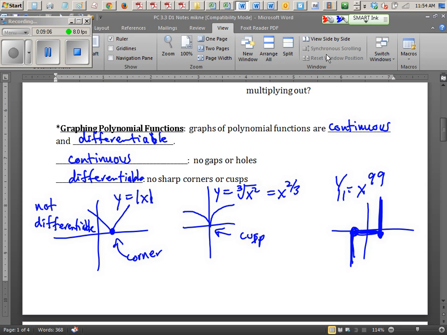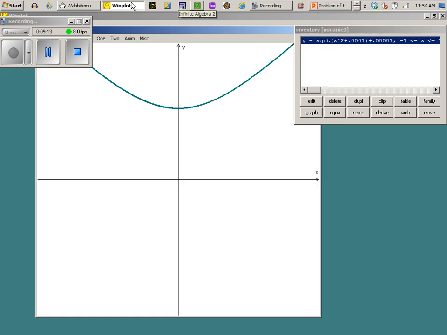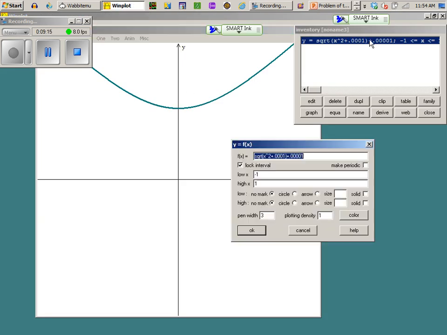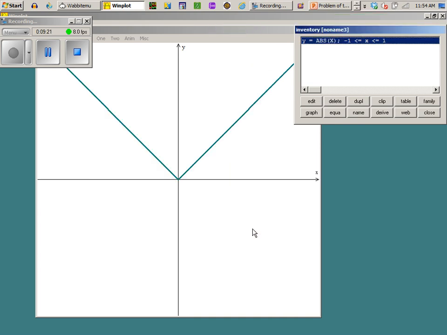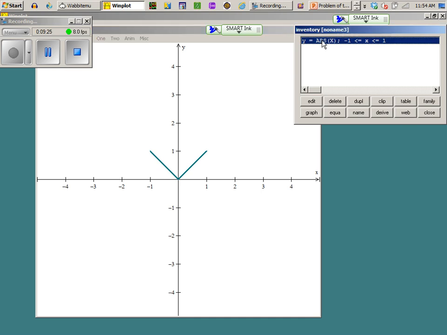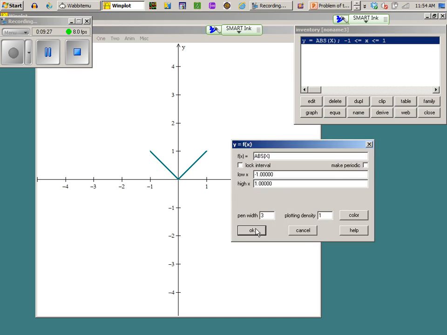Okay, that's actually what I want to do right now. I'm going to put up a graph on my WinPlot program. This is the absolute value of x. Erase this old graph here. You recognize it. Graph the whole thing.